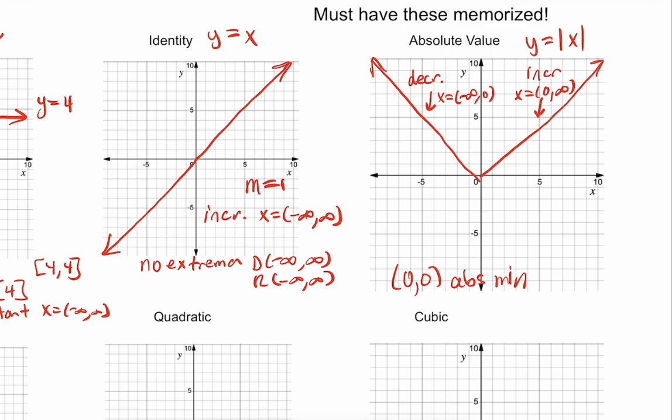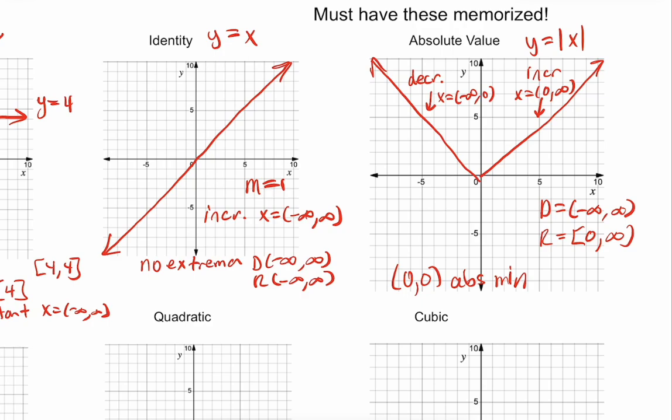The domain is all real numbers. But the range, as long as it's our parent absolute value that's a V and not an upside down V, the range is from 0 to infinity. Lowest point is 0, highest point is whatever I want it to be. So that is the domain and range, and increasing, decreasing.